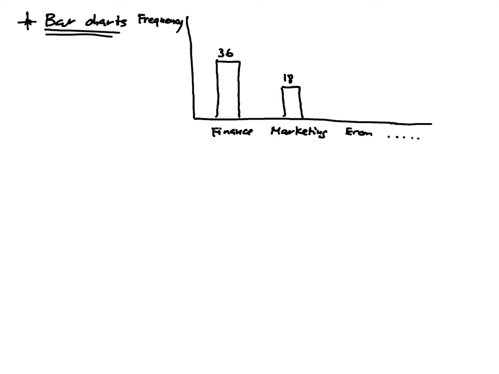For econ, we have 22, so it's a little higher than the bar for marketing. Okay, and you do that for the rest of the other categories or the other majors. So that's a bar chart.